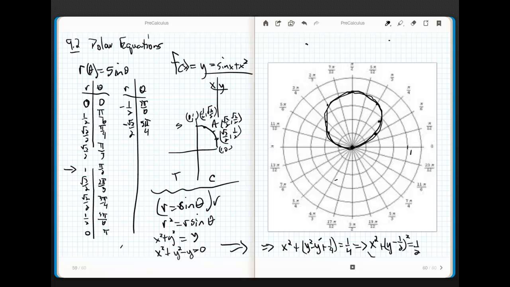Well, what's the center of this circle? The x is 0 and the y is 1/2. What's the radius? This should have been a fourth, sorry. I got ahead of myself. Well, remember, this is r squared, which implies that the radius is 1/2, which, of course, is exactly what it is. Isn't that awesome?